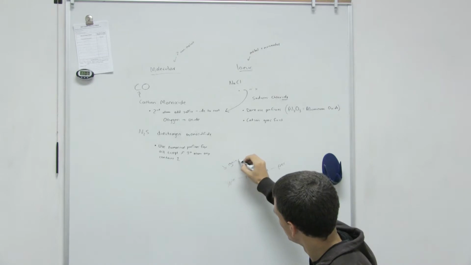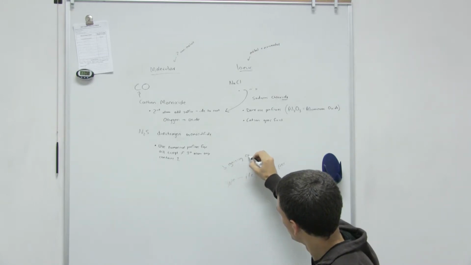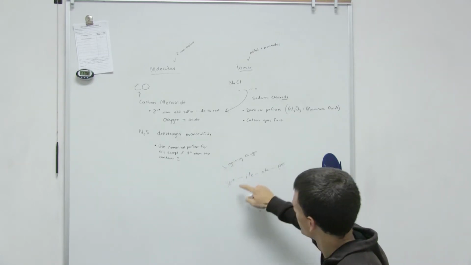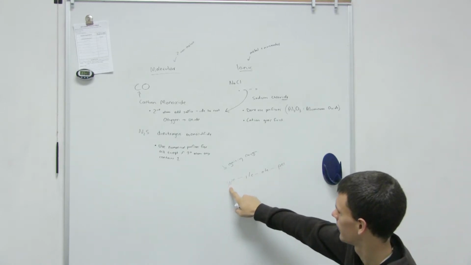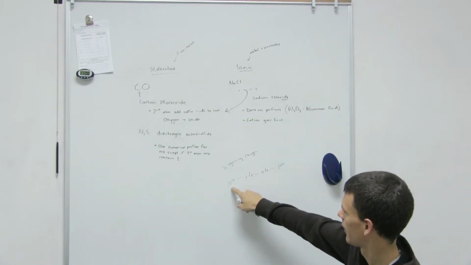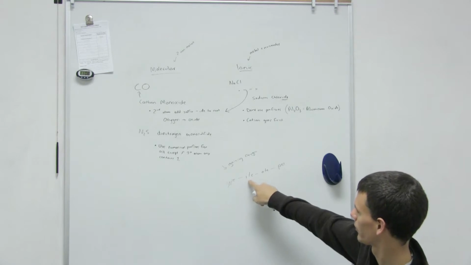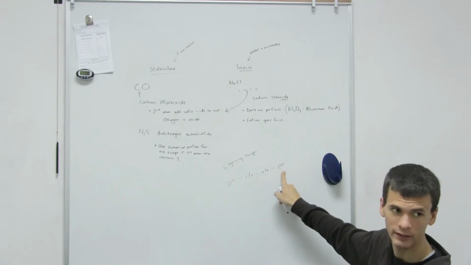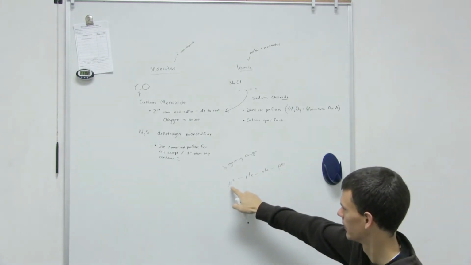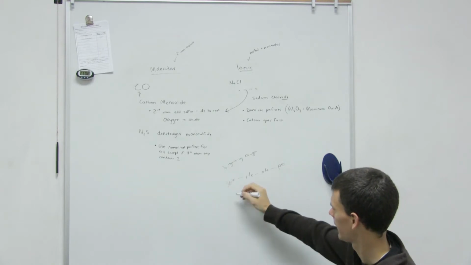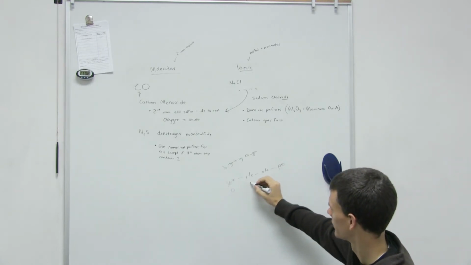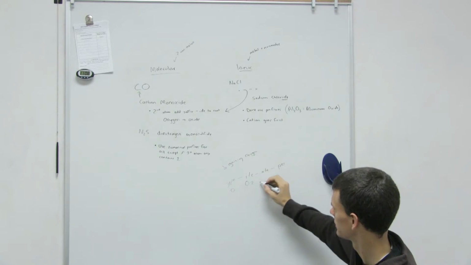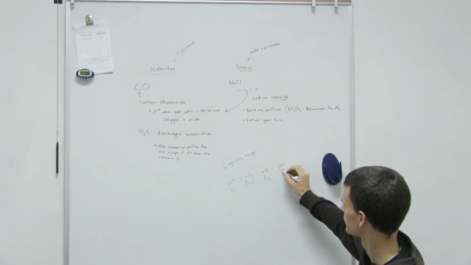So you can have hypochlorite, chlorite, chlorate, perchlorate. Hypochlorite has just one oxygen, this would have 2 oxygens, that would have 3 oxygens, and this one has 4 oxygens.